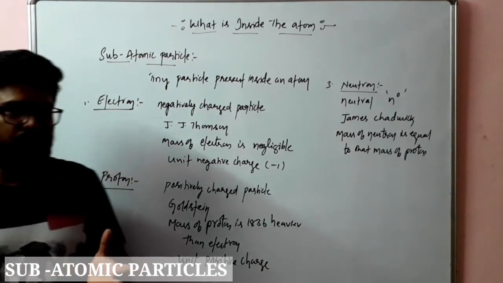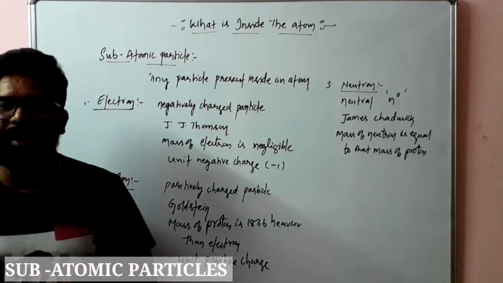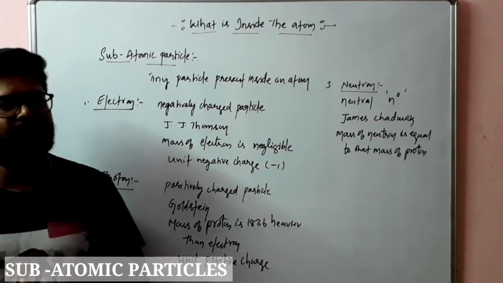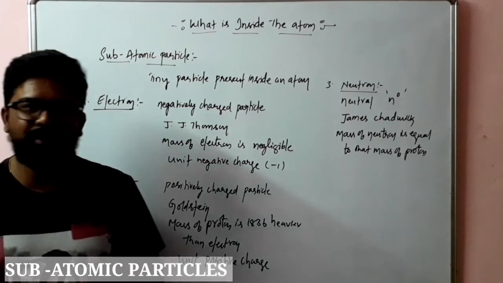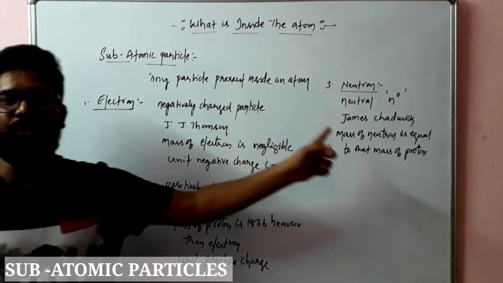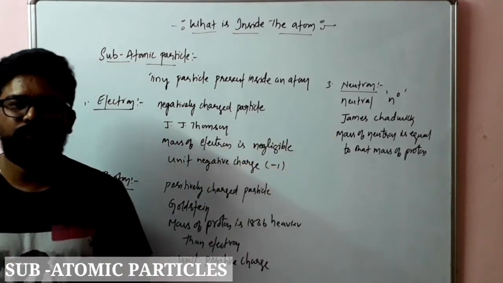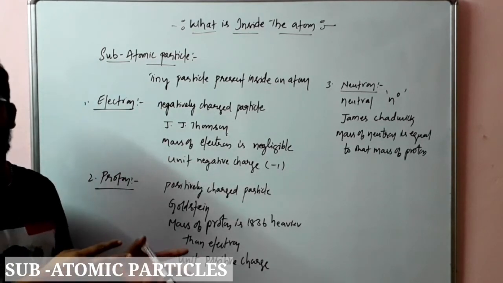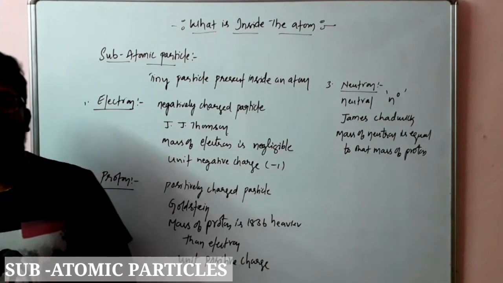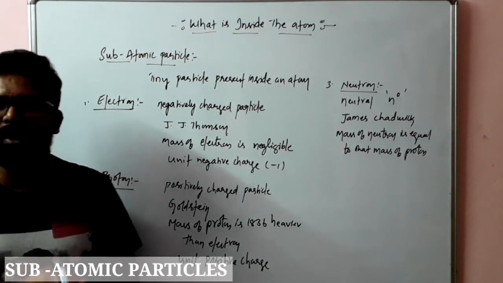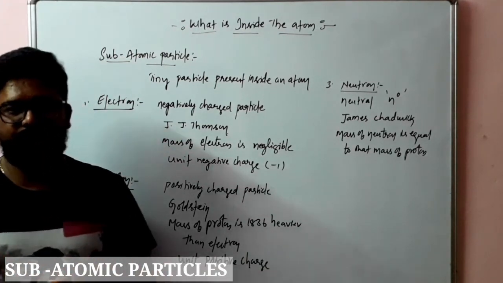From all this, we come to the conclusion that the atom itself is the smallest particle, and this atom consists of tiny particles, that is, electrons, protons and neutrons. After the discovery of these subatomic particles, many wanted to know how they are arranged inside an atom.